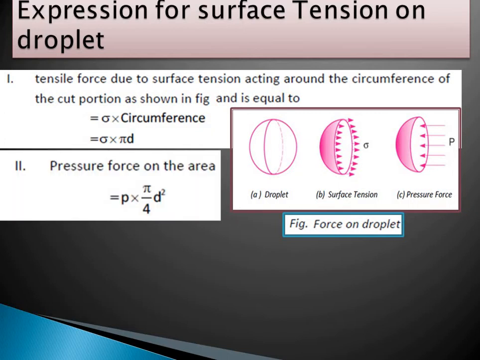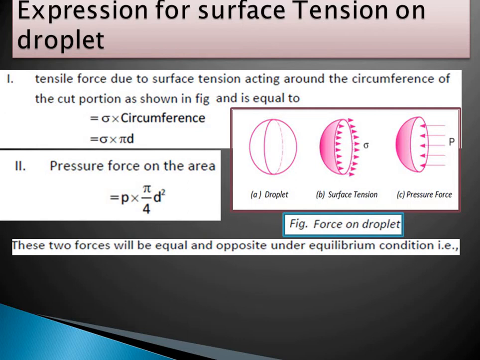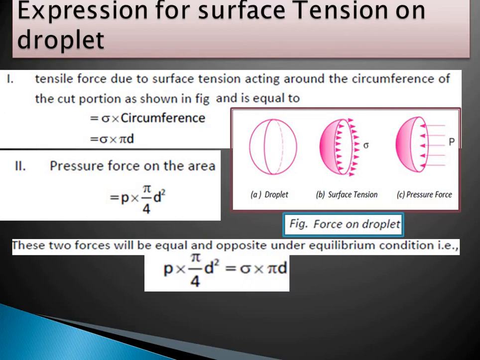So pressure P is acting on pi by 4 d square as the cross-sectional area. According to the equilibrium condition, these two forces are equal. So we can write P into pi by 4 d square is equal to sigma into pi d. Pi will get cancelled, d will get cancelled, remaining is P d by 4 equals sigma.